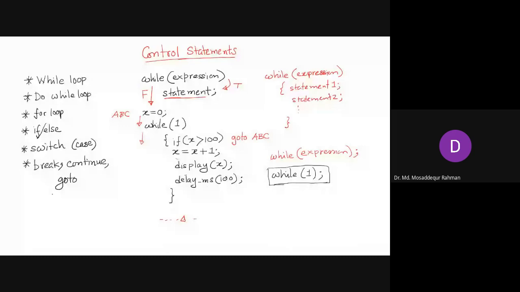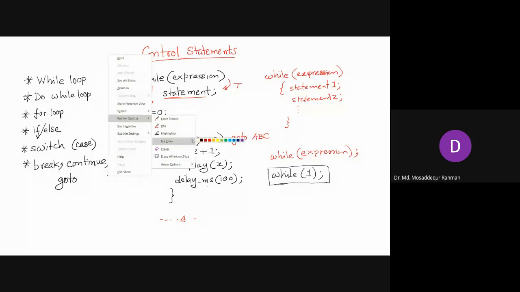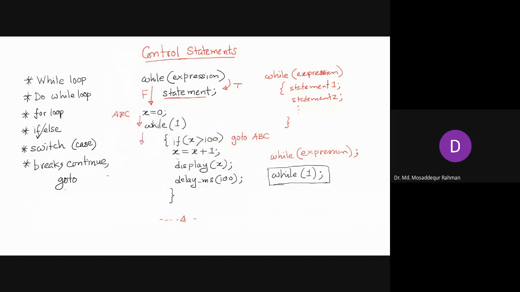So this is another important thing, sometimes we use this in the program. The other way of using the same thing, I show an example here. This is a part of our microcontroller.